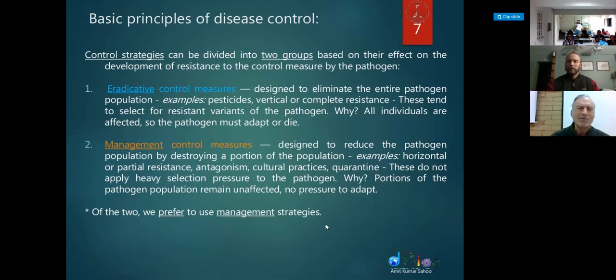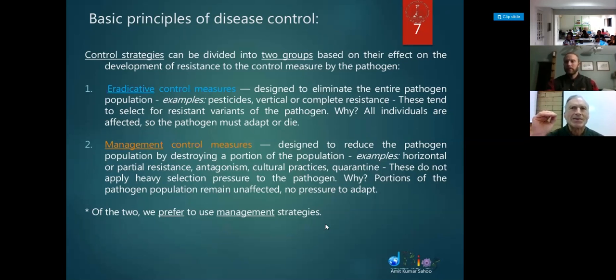We see this a lot with pesticides. For example, we've got late blight on potatoes, and so they develop a fungicide to kill it. But then after repeated use, some of that fungus develops resistance to that pesticide.